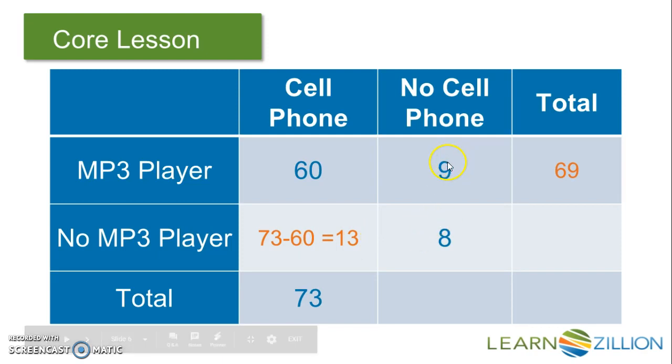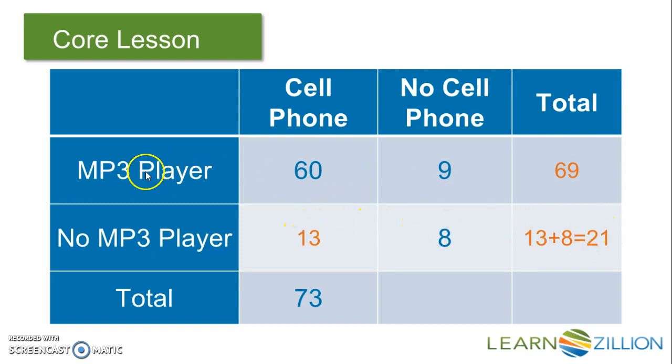Okay, it also told us some more information, these two in blue. So if we go across here, 60 plus 9 would be 69. Okay, now we have this one. We can continue. 13 plus 8 would be 21. So students with the MP3 player, the total would be 69. No MP3 player, the total would be 21.